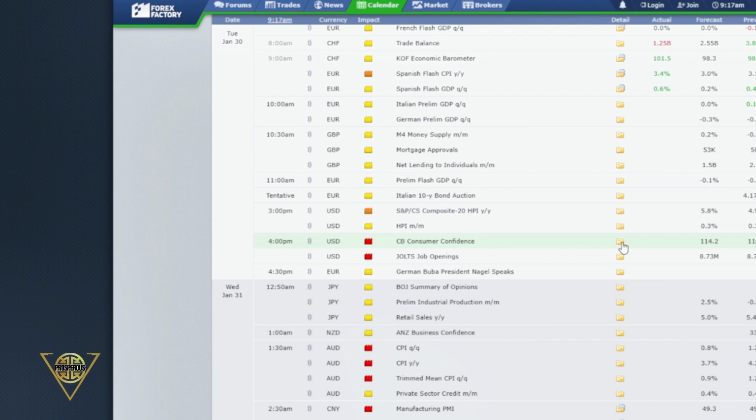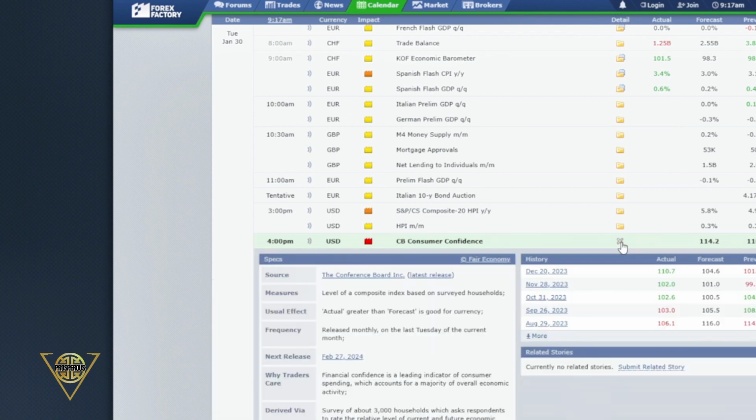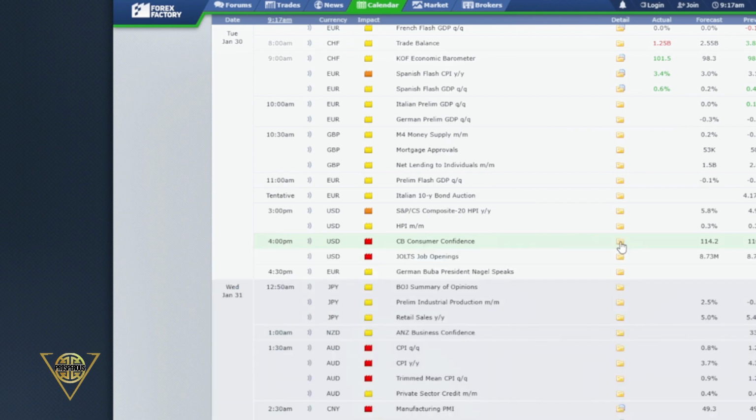But this here, CB consumer confidence. Financial confidence is a leading indicator for consumer spending, which accounts for the majority of overall economic activity. Actual greater than forecast is good for currency. So basically, how confident people are in consuming, plainly, and it's forecasted at 114.2 million.